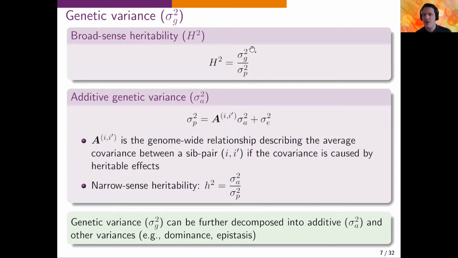When we base these estimates on genome-wide markers, it's often called the realized genomic relationship matrix, right? Either way, we are looking at the covariance between individuals that share heritable effects. With the additive variance component in hand, we can now estimate the narrow-sense heritability, right?